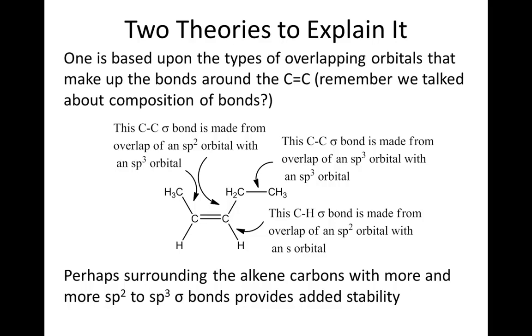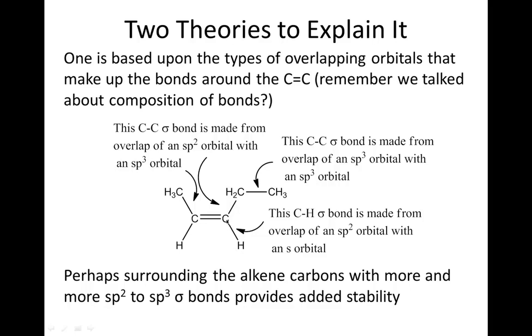If we look at this bond right here, this is an sp3 carbon, and so it contributes an sp3 orbital to make the sigma bond. And the carbon of the double bond contributes an sp2 orbital. So this bond is a sigma bond, but it's composed of the overlap of an sp2 orbital with an sp3 orbital. Same thing here, whereas right here we have one s orbital contributed from the hydrogen overlapping with an sp2 orbital from the carbon.